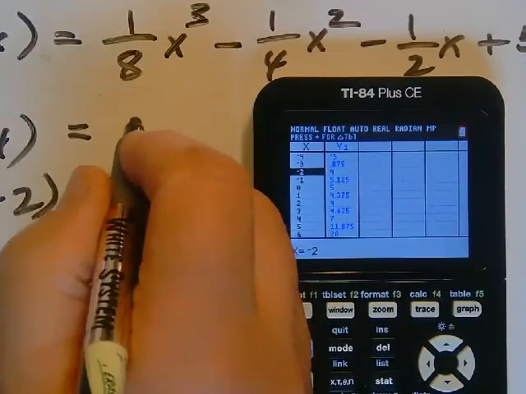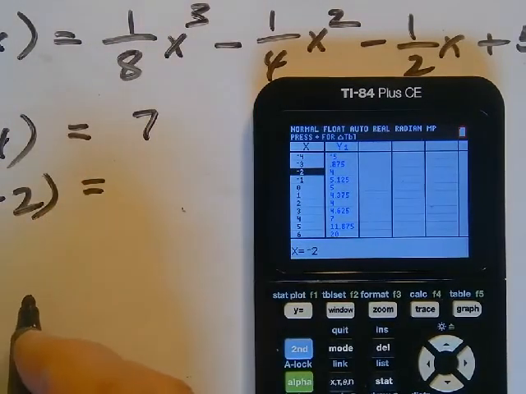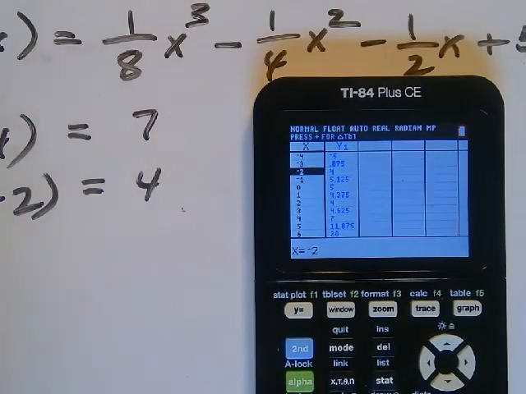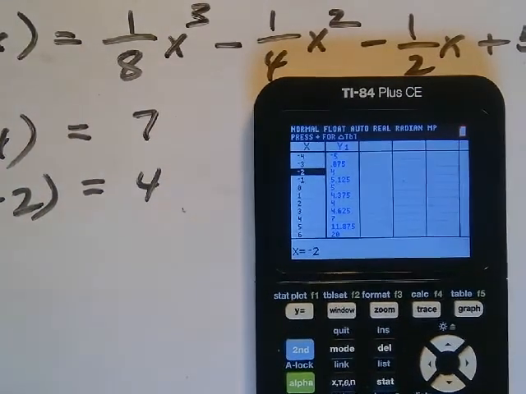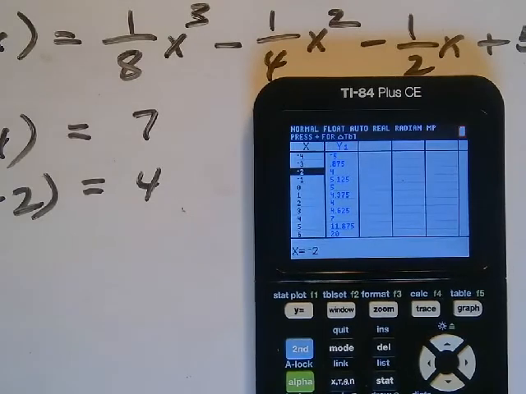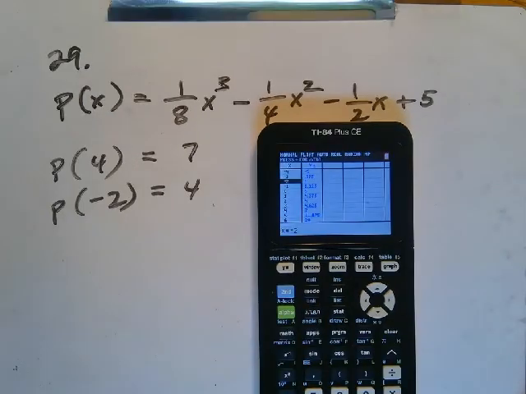P of 4 we said was 7, and P of -2 is 4. So this is the easy part of the assignment, but make sure you understand how to be able to predict the end behavior of these graphs. Go back and watch this a couple times and look at the problems on the previous pages, the examples and so forth. Because the next section we're going to kind of move on from here a little bit.